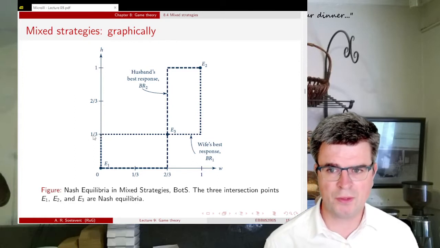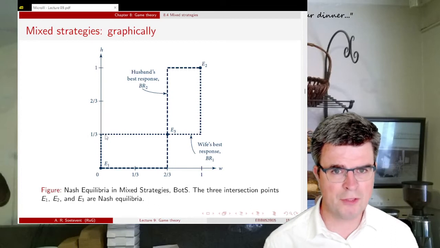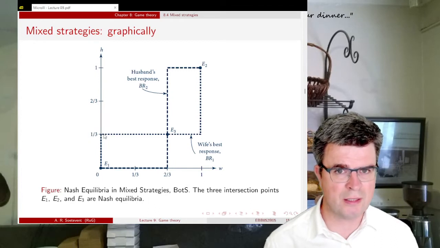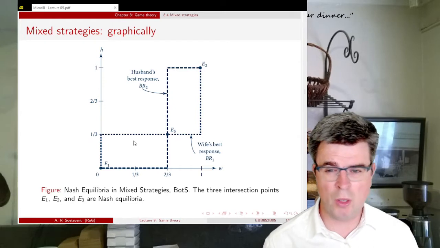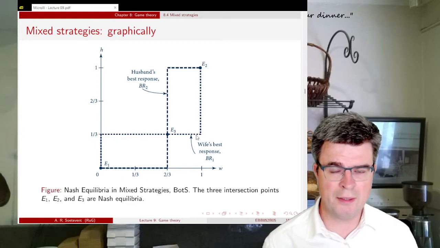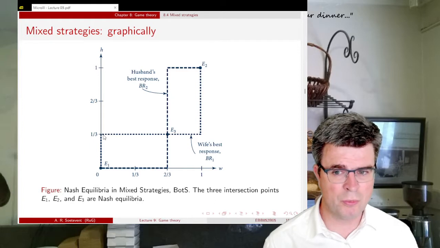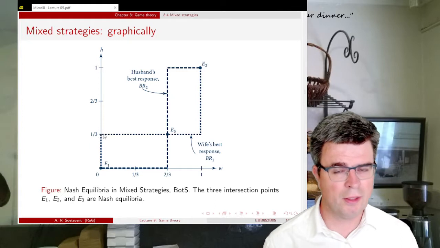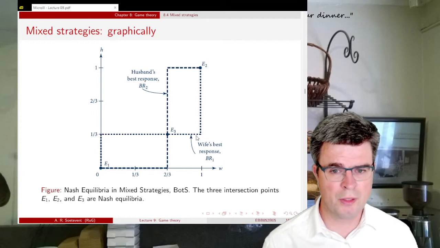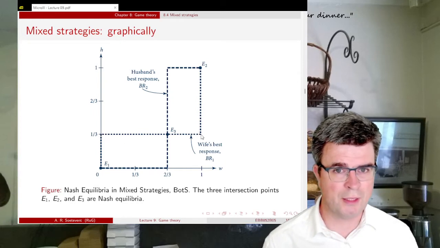So given that the column player mixes between Italy and Sweden and chooses Italy with probability 1/3, then the row player mixes between Italy and Sweden, and he mixes between the two. This implies that he's indifferent between choosing Italy for sure, Sweden for sure, or any combination of the two.